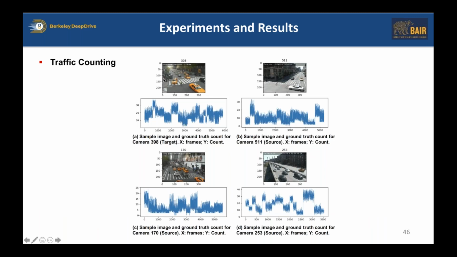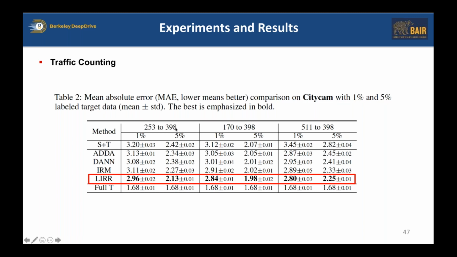Besides the image classification task, we also work on the traffic counting task, which is essentially a regression problem. So we have 4 cameras in different locations of the city, and you can see that over different time, the count of each frame is also different. We take this 398 camera as the target and the 3 other cameras as the source, and we transfer from the source into the target.